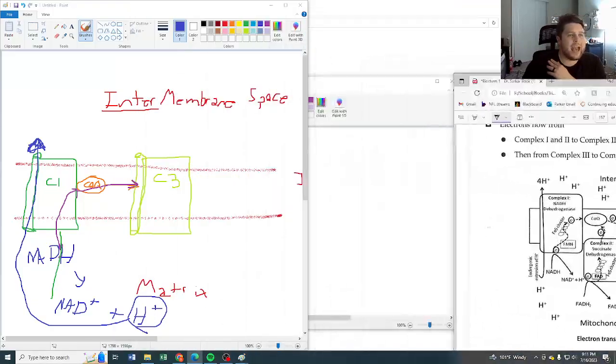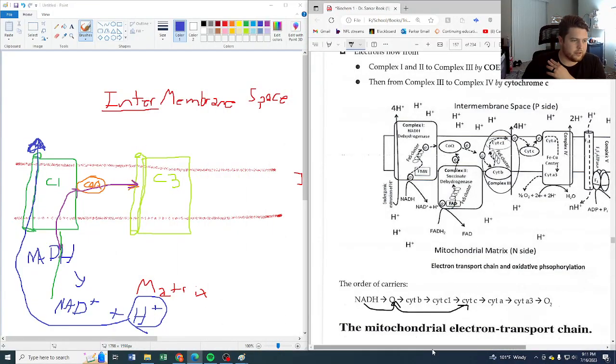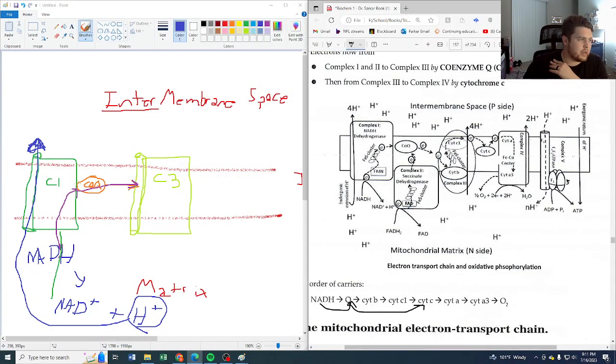So what actually happens, a little bit more detail here, is that our cytochrome B and cytochrome C1, both of those are part of our complex 3.